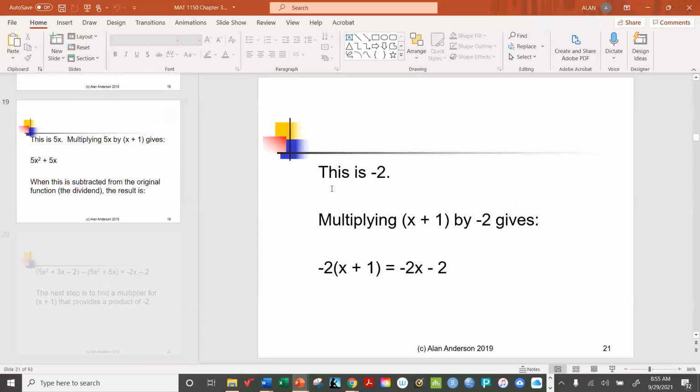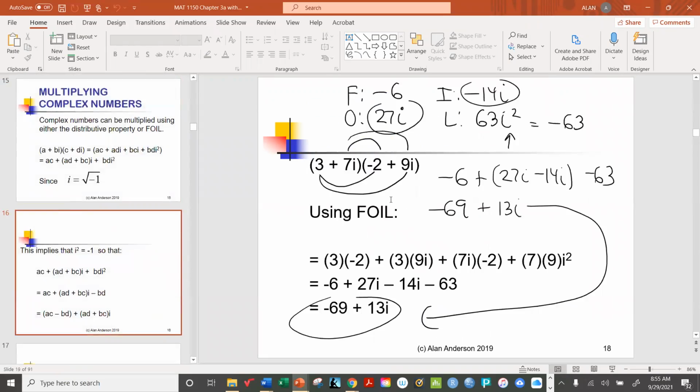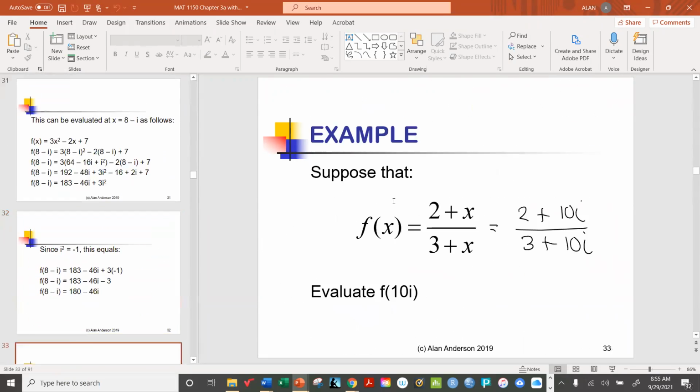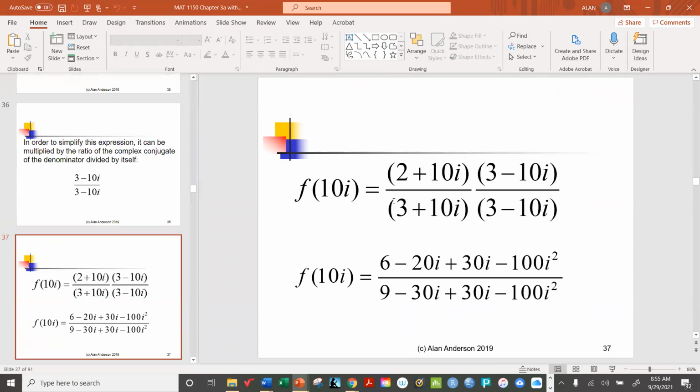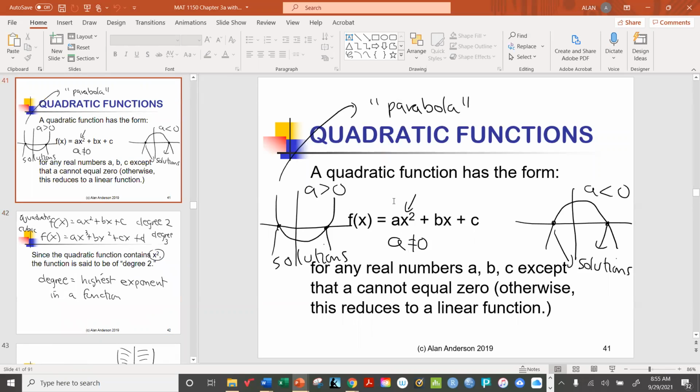Oh no, this isn't it. Oh, it was here all along. So this part is covered. There we go. Here are our quadratic equations, or functions, which are expressed as parabolas.